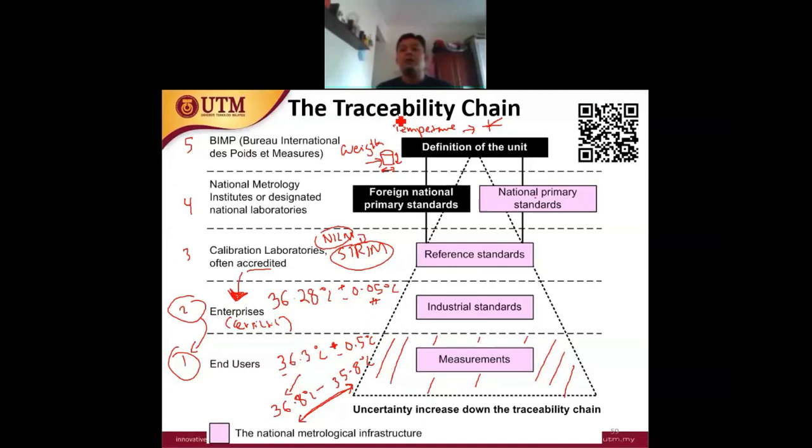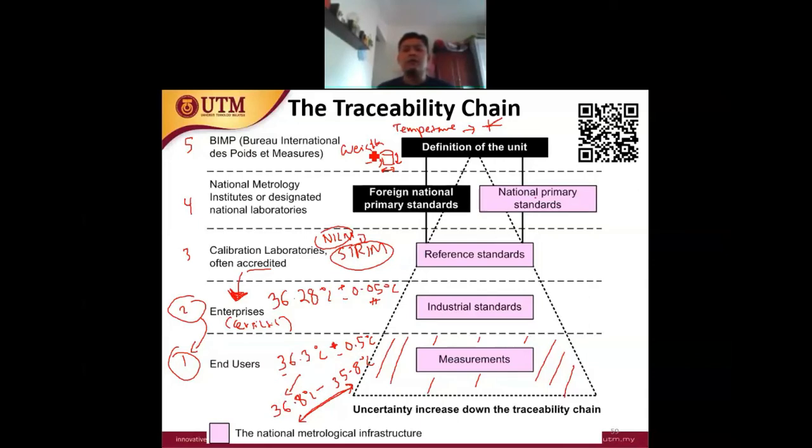The purpose is to get a better standard. So for example, like weight, if we use a metal alloy, we have to preserve it properly so that it does not react to the environment, for example. So we put it into a vacuum. If we have a better definition, it will be the best.